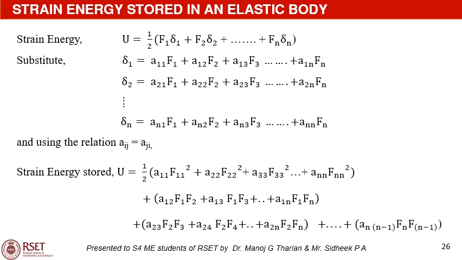So we will obtain the expression for strain energy stored as U is equal to half of A11 F1 square plus A22 F2 square plus A33 F3 square plus etc. up to Ann Fn square plus A12 F1 F2 plus A13 F1 F3 plus etc. up to A1n F1 Fn plus A23 F2 F3 plus A24 F2 F4 plus etc. up to A2n F2 Fn plus this will continue, and the last term will be An,n-1 Fn Fn-1.